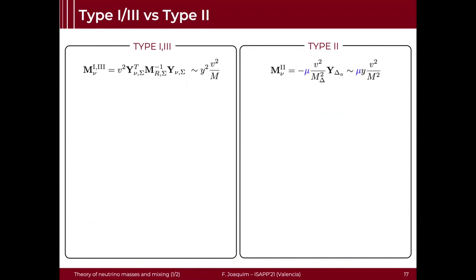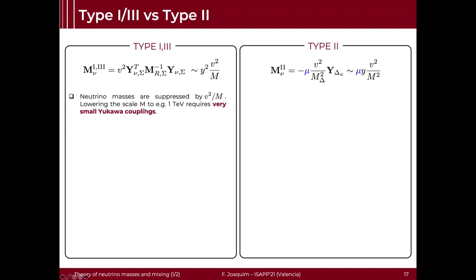Okay. So let me compare these three types of seesaw regarding some important issues. So we have seen that in the type 1 and type 3 seesaw, the effective neutrino mass matrix is given by this combination here. Okay. So you have basically two scales involved in these two versions of the seesaw, the electroweak scale and the scale of the heavy degrees of freedom.